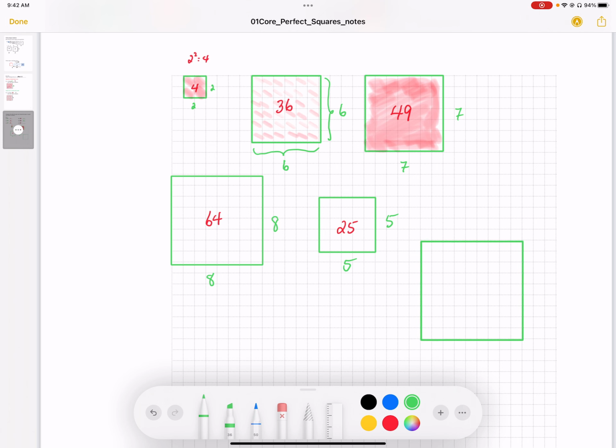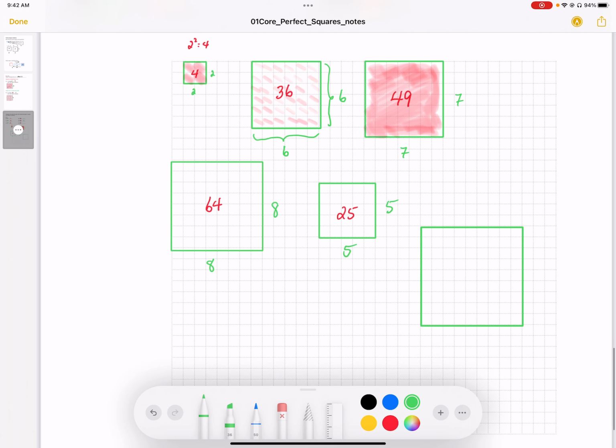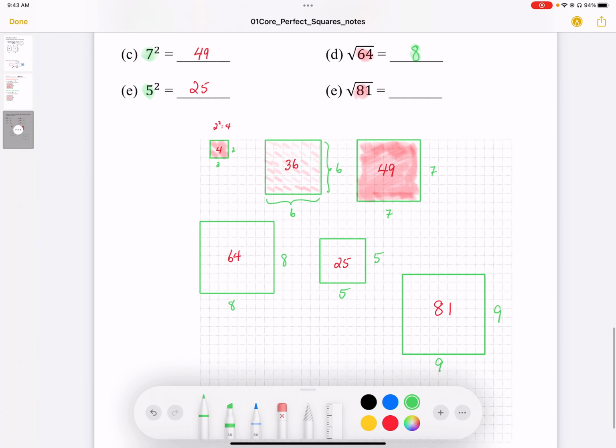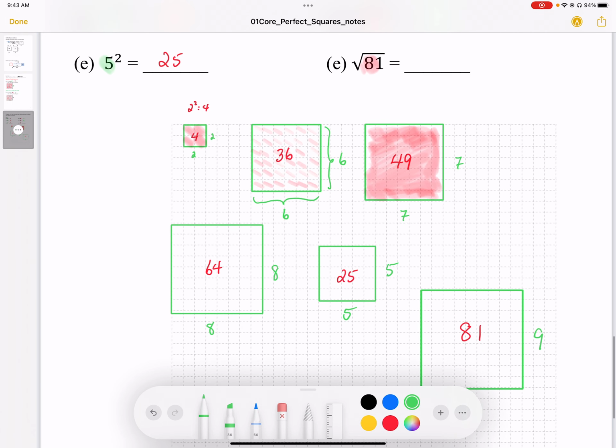And when you draw it in, make sure that it looks like a square, otherwise it's not going to be a square. And so I have 81 squares in there. If I count 81, I'm going to have them in a square pattern. And the edge length is going to be 9 on here. So when I solve this, square root 81 equals an edge length of 9.